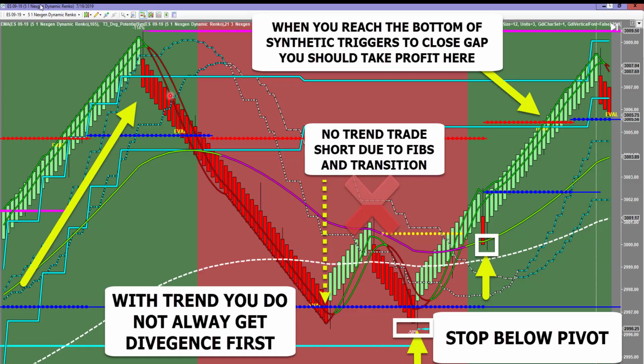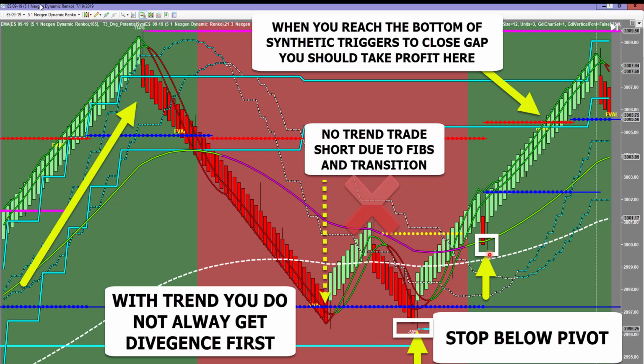Now, obviously the trend is up here, and we're going to be doing a pivot stop out trade at the bottom. Again, sometimes when you're with the big trend, which means with the synthetic triggers going up, you don't always get divergence first, but we're going to buy the double bottom. Again, stop below the pivot. When the market takes off, you wait until it goes down, and then it makes another up bar, and you trail your stop below the pivot.